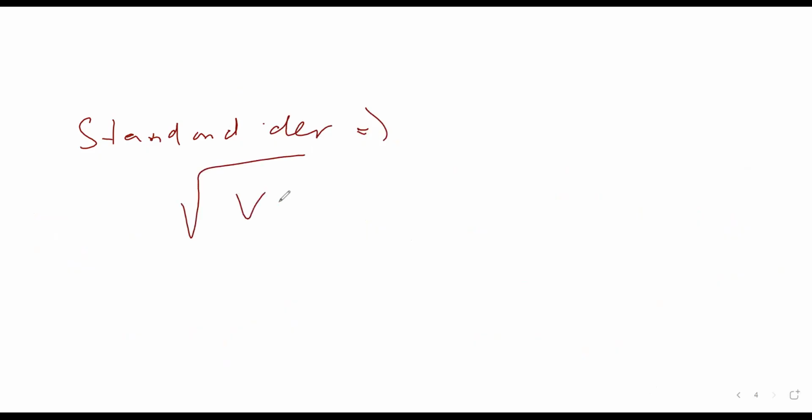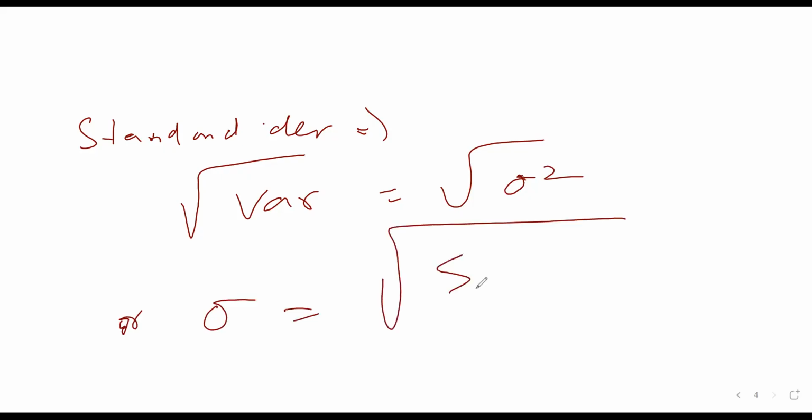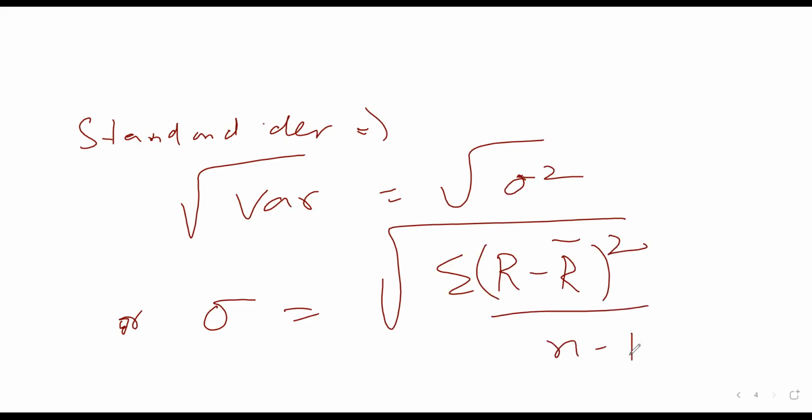Okay, so now how to calculate the standard deviation. Standard deviation is given as the root of variance. That means root of sigma square, because your variance is sigma square. You can take it this way also: the summation of the squared deviations divided by n minus 1, t changing from 1 to n, and take the root.